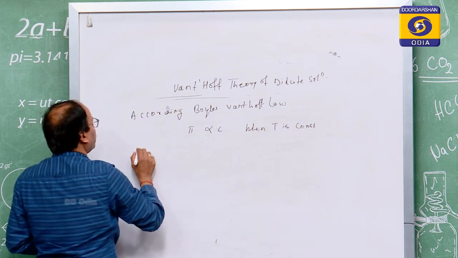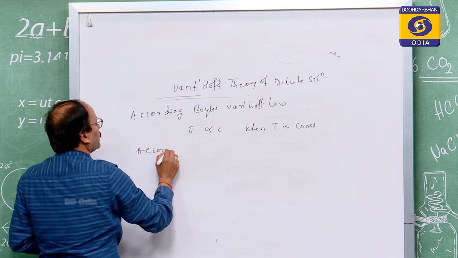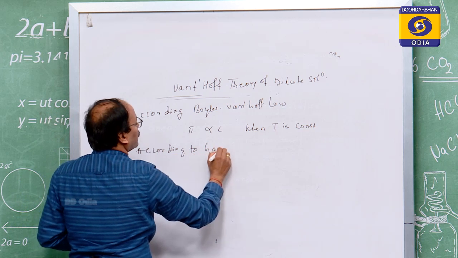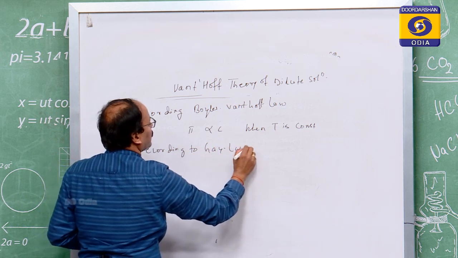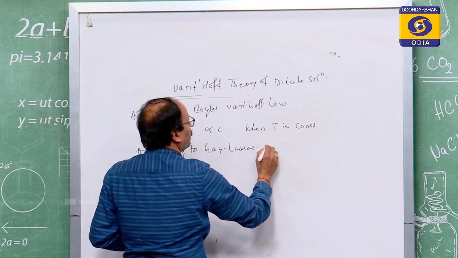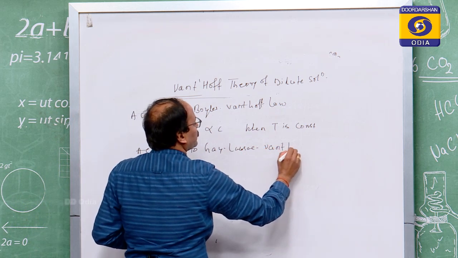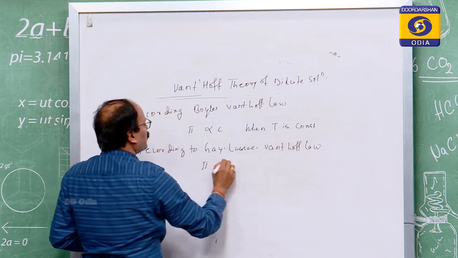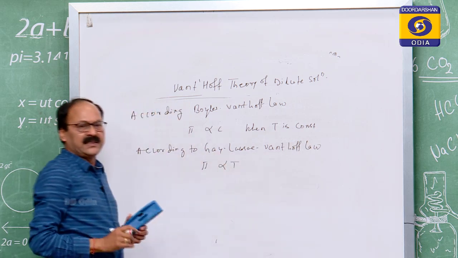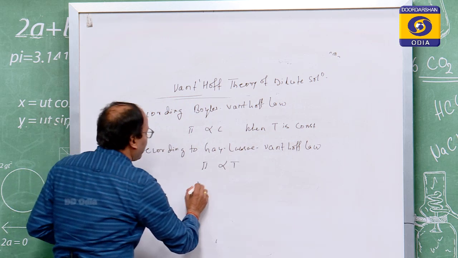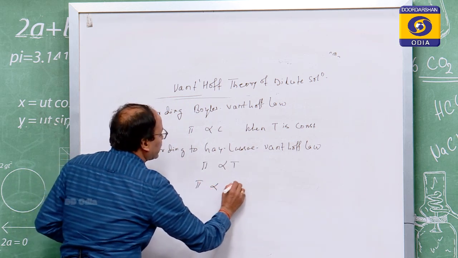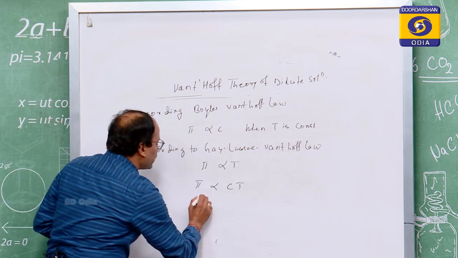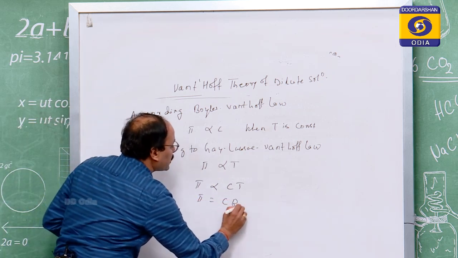Then from Gay-Lussac Van 't Hoff law, pi is proportional to T. Now, combining these two, we have pi is proportional to CT, pi is equal to CRT.